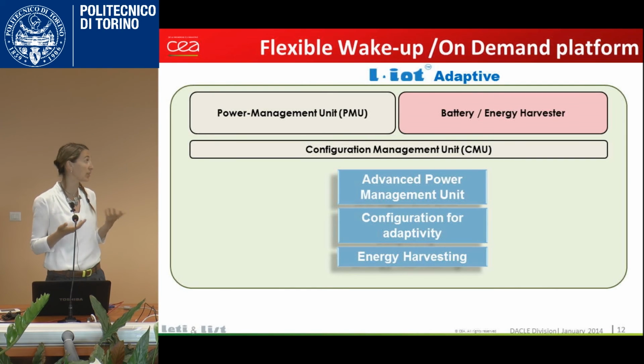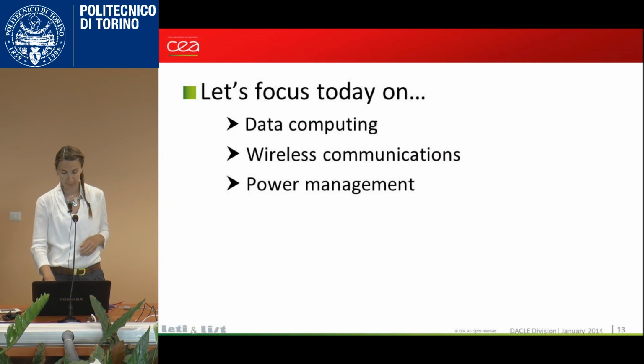For this, if it is adaptive, it has to be configured. So at the top of this architecture, we have power management, and we also have configuration management. And then, according to this configuration, we should be able to find the most energy efficient point of the architecture according to the energy available, the energy needs, and the application.